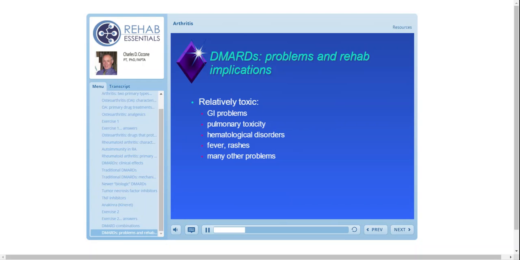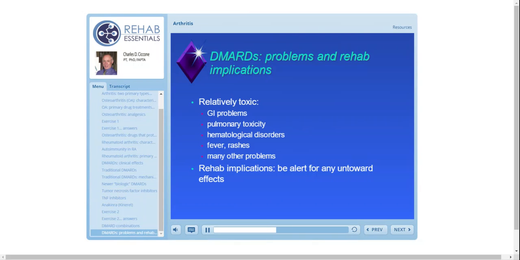A little more serious, pulmonary toxicity is an issue. Problems with oxygenation of the blood and breathing and simply dyspnea. Hematological disorders, we do see problems with anemias, red blood cell formation, as well as some white blood cell problems. Fever, rashes, and many other problems are, again, pretty common with a lot of these drugs.